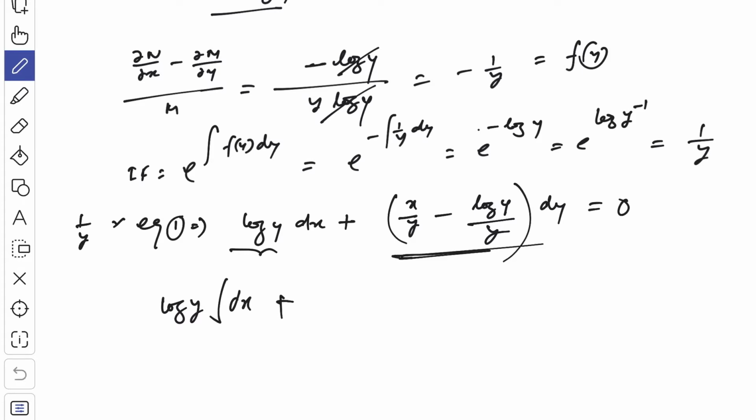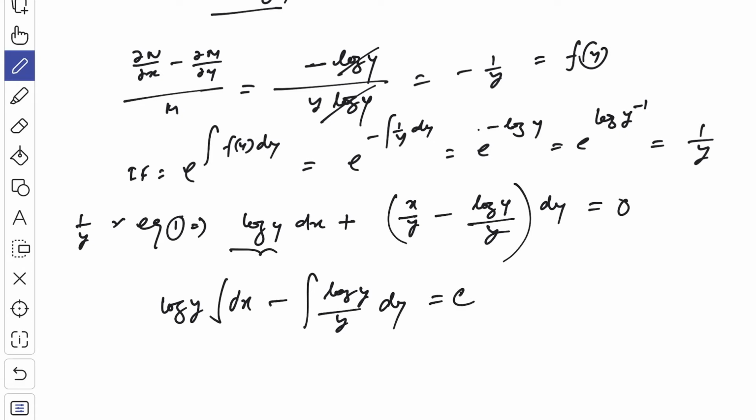So from this part, which consists dy, from that we are going to take those terms only which are not containing x. Okay, so remember that point. So integration, here we will take minus log y by y, so that means you can write this way. So minus integration log y by y dy is equal to c.